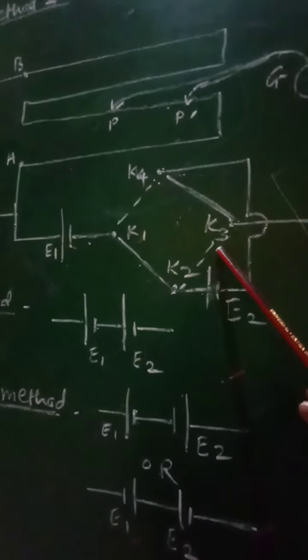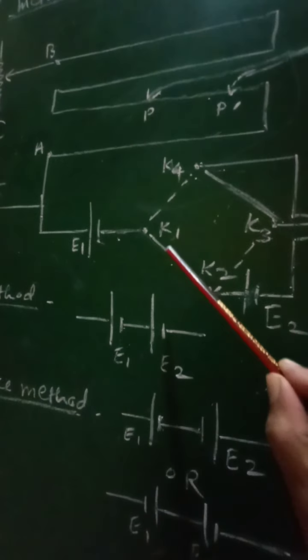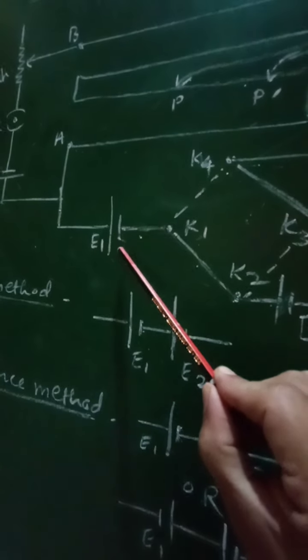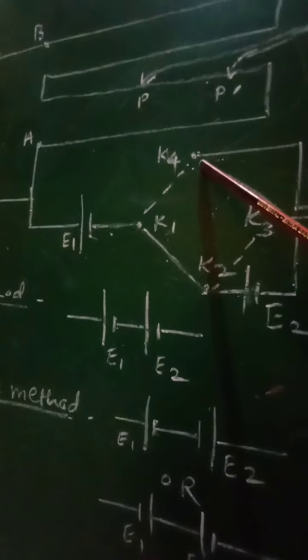Now in the second part, instead of K1 and K3, keys K2 and K4 will be kept closed, so that K1 and K3 will be open and current will pass along these two paths. Now when the current is flowing through E1, that current will pass from K1 to K4.